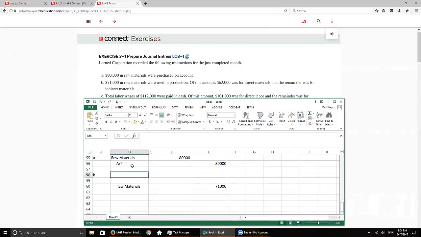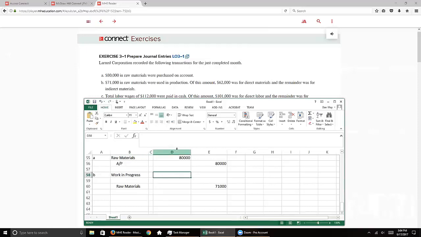So thinking back to my definitions and my cost classifications, direct materials was a product cost, and we said all of our indirect materials get dumped into manufacturing overhead, right? So in this case, the 62,000 in direct materials needs to get debited directly to work in progress, or work in process.